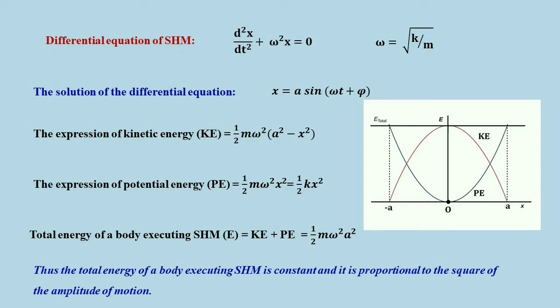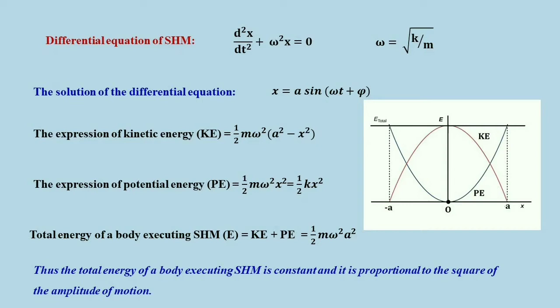So what was the expression for kinetic energy? It was half m omega square (a square minus x square). For detailed calculation, you may see the video of simple harmonic motion, which is already uploaded. The kinetic energy is given by half m omega square (a square minus x square) for any arbitrary position x, where a is the amplitude of motion.